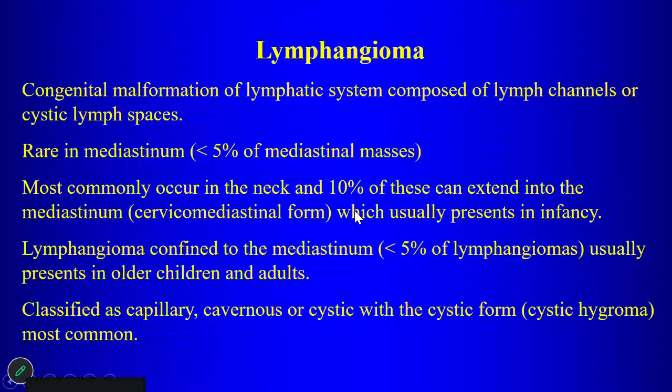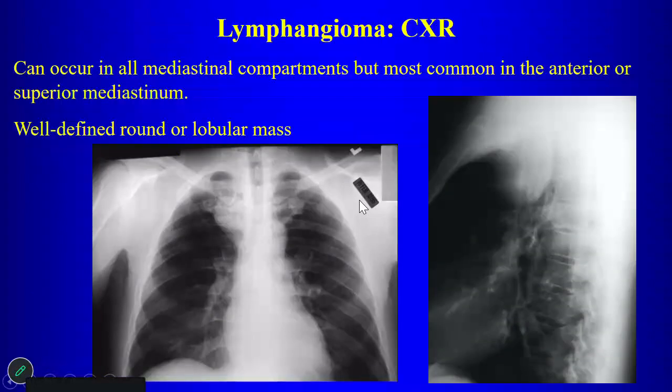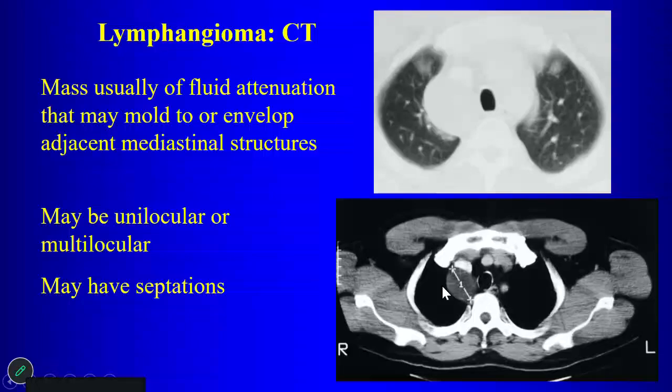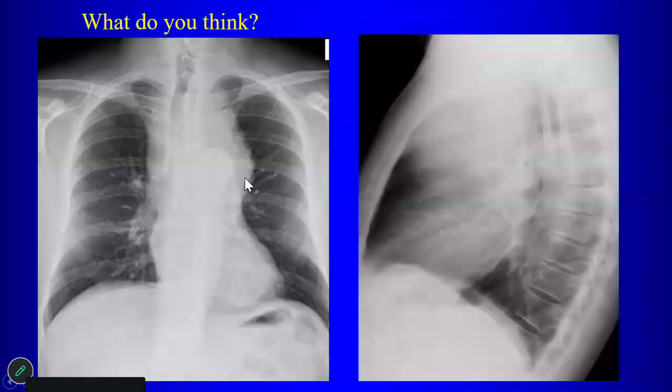Sometimes they might be located near the thoracic inlet. The clue is that they're fluid in attenuation, they might have cystic areas or septations, easier to demonstrate with MRI when you're dealing with lymphangioma.